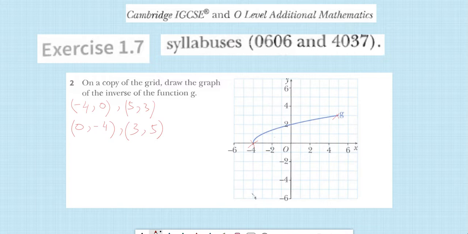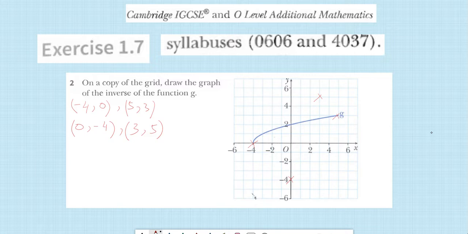Okay, students. So now we have to plot these 2 points. x is 0, y is -4, this is the first point, and x is 3, y is 5. And now join these 2 points.